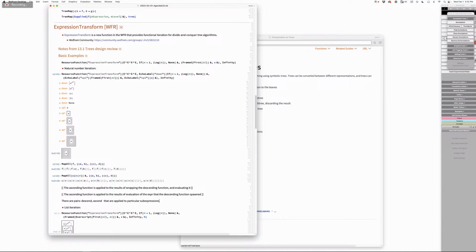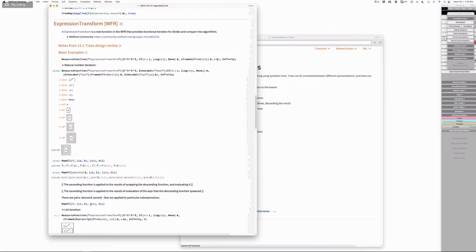One on the way down, one on the way up, right? In other words, we can pick the sub-expressions. Like for example, in this case here, we picked the sub-expressions. Boom, it's been applied to those. Now, we can think of stage 2, which is for each of those Fs, first replace with the descender.